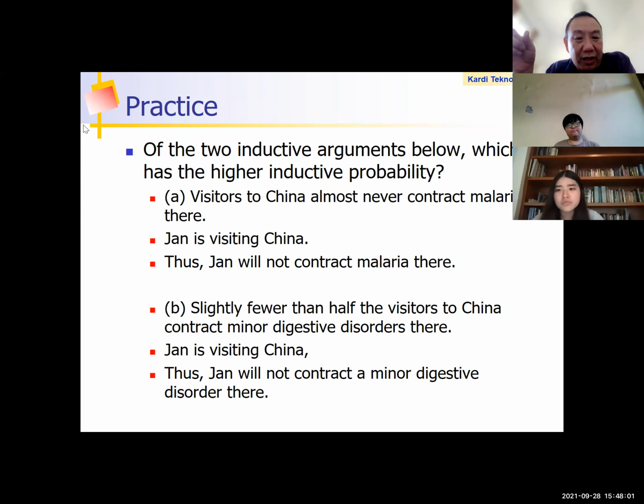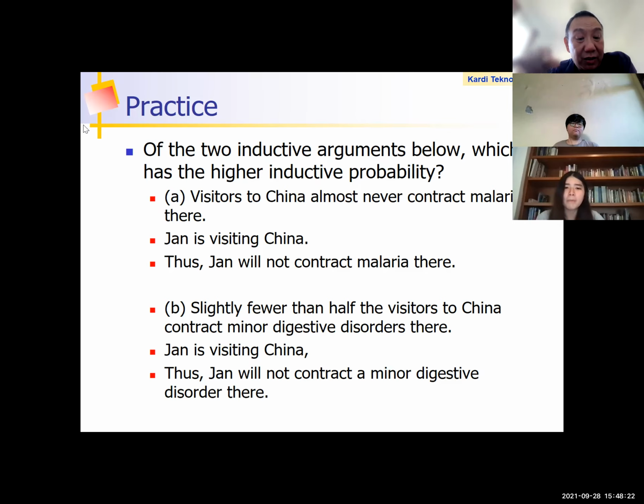Chan is visiting China. Thus, Chan will not contract malaria there. B: slightly fewer than half the visitors to China contract a minor digestive disorder there.